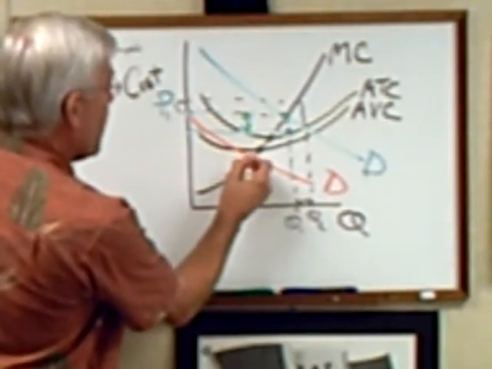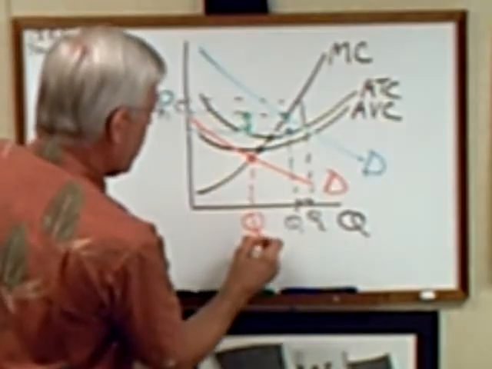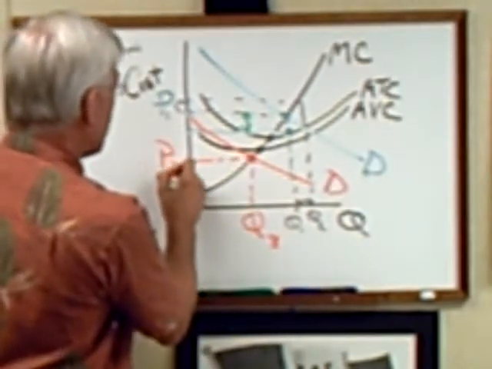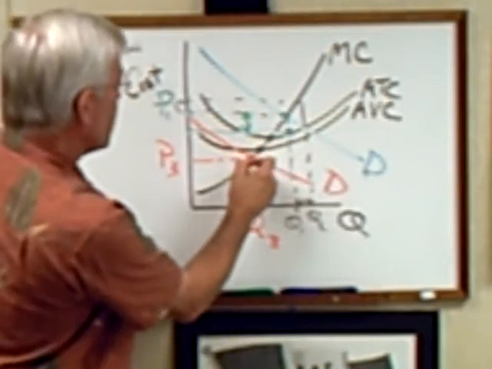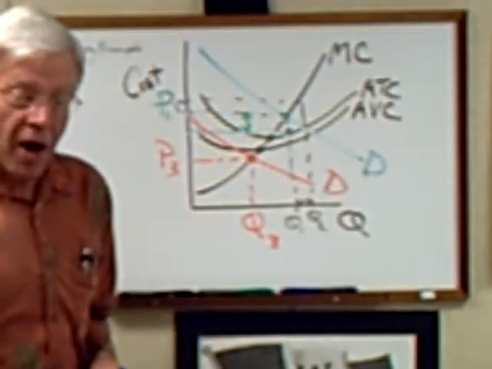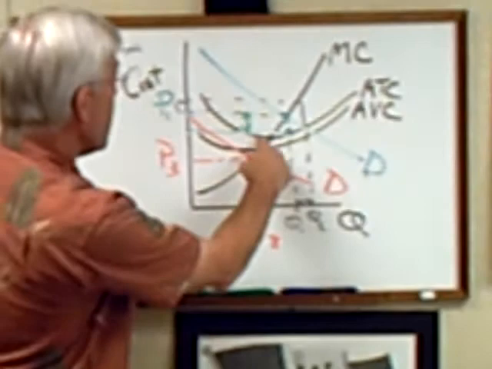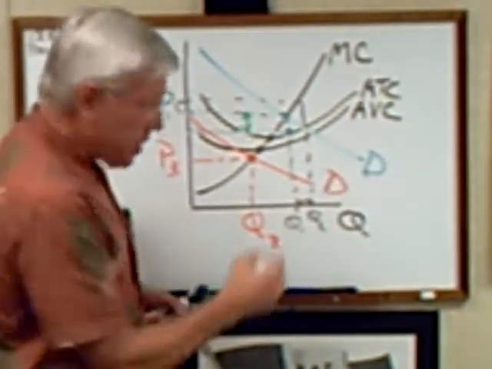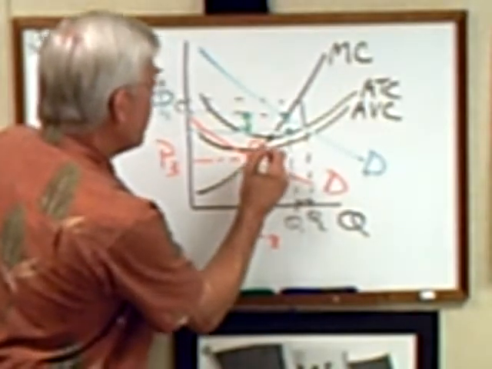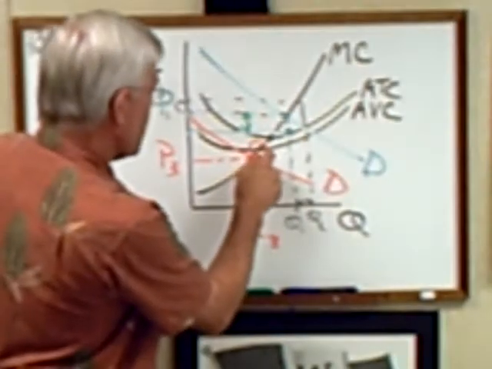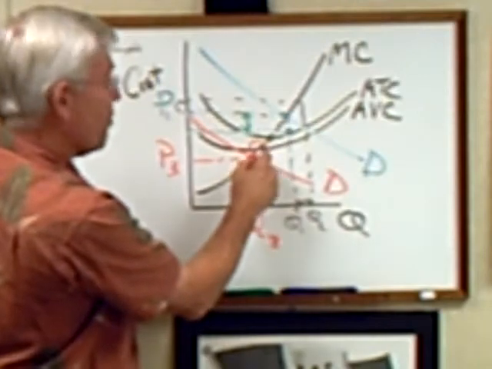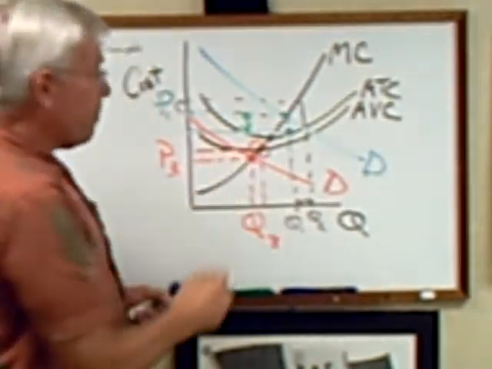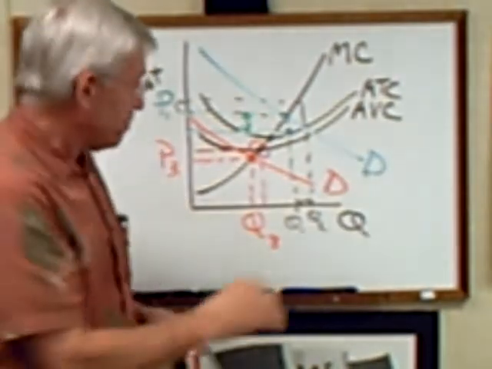Well, supply and demand will say they'll sell quantity 3 and they'll get price 3 there. If you'll notice, they're below their average variable cost and way below their average fixed cost. Your textbook will mention that the quantity associated with the intersection of marginal cost and average variable cost represents what we call the shutdown point.